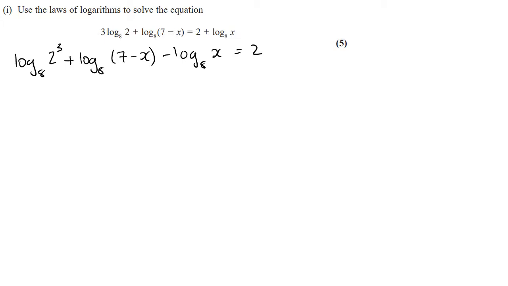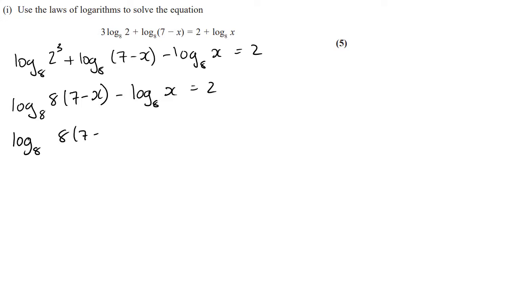So we have log base 8 of 8 times 7 minus x, minus log 8x equals 2, and then the division rule would be log 8 of 8 times 7 minus x over x, and that is equal to 2.